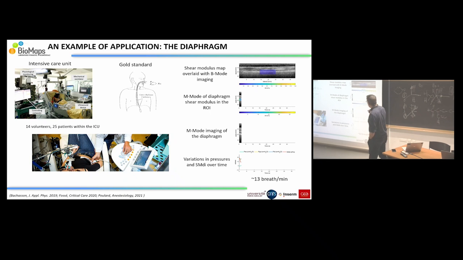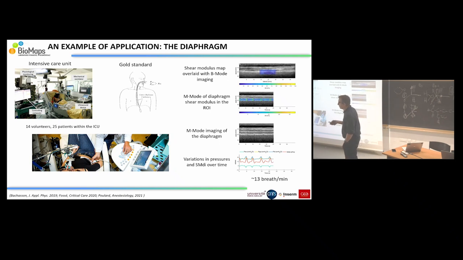And we showed here by this result that in green, you have the change of pressure measured by a balloon, and in red, you have the change of stiffness estimated by echography. And currently, we are replacing these balloons in the ICU by a simple echographic application that helps us to have a less invasive technique to help people who are ill at the hospital.